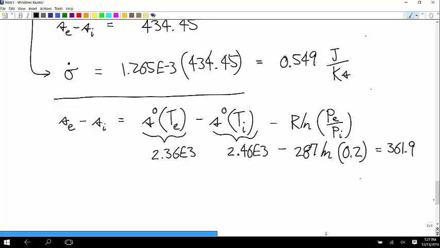Wait, oh no, I just looked in the wrong column. Okay, hold on. No, this is good, everybody. Okay, so no, it has one temperature here and one temperature here, and I skipped all the way over.